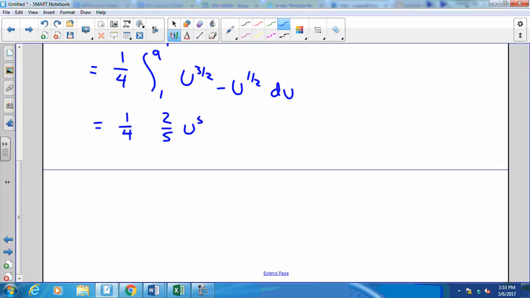And this gives me, like so. And this is sort of a pain in the neck, but I can do it. U to the 5/2, at 9: the square root of 9, 3 to the 5th power.